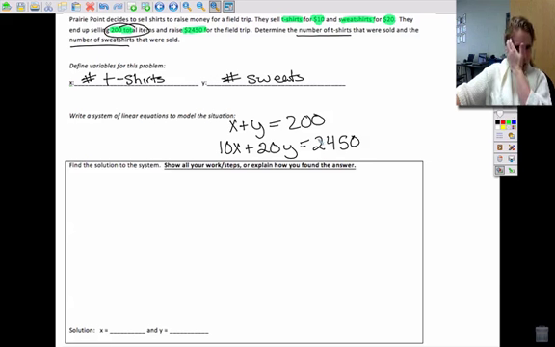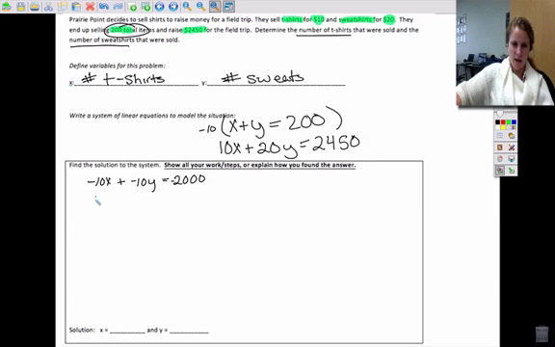If you want to do elimination or substitution, I'm going to try elimination. I'm going to take this equation and I'm going to multiply it by a -10 and get rid of my x's there. So I'm going to turn my system into -10x plus -10y is going to equal -2,000.